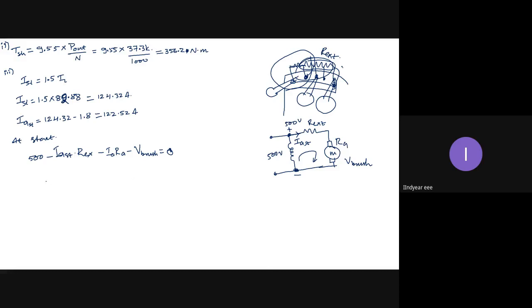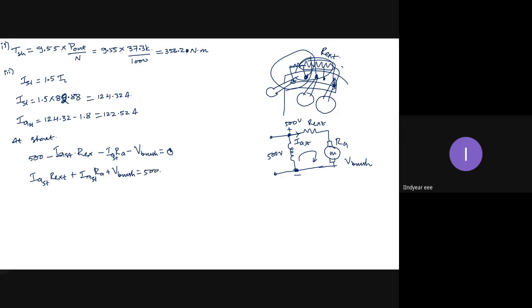Or I can write IAST R external plus IAST RA plus V brush equals 500.